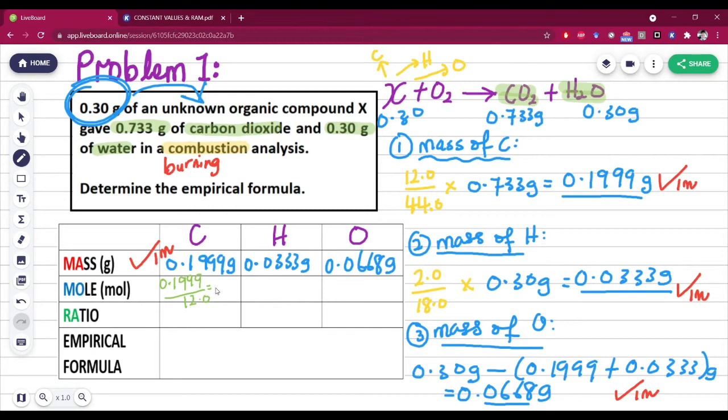You get 0.0167 mole. Is that going to be the smallest? Okay, so the one over here is 0.0333 divided by 1.0.